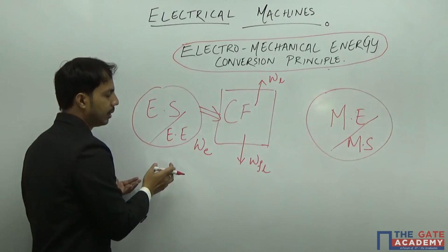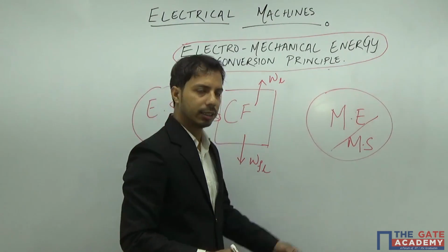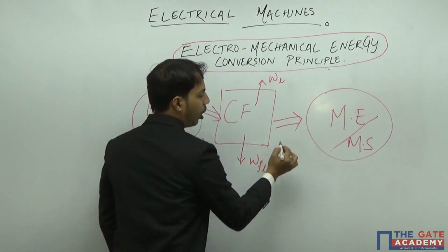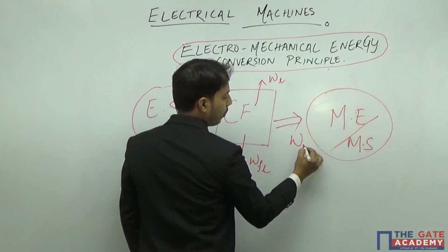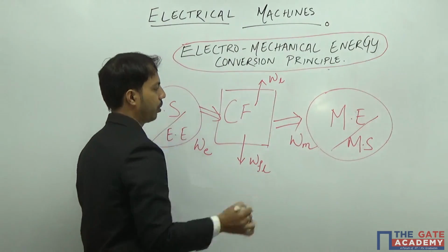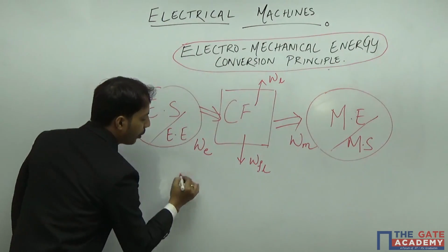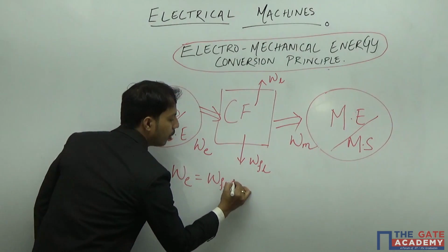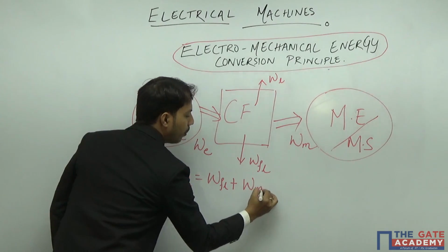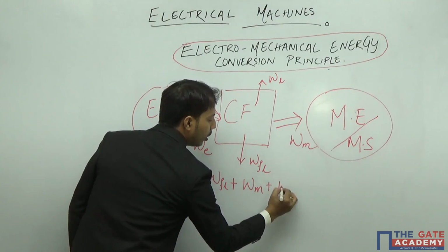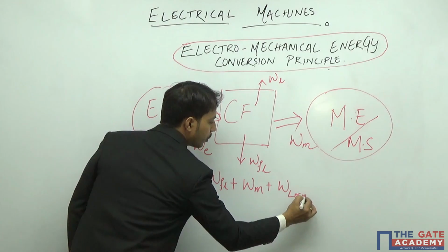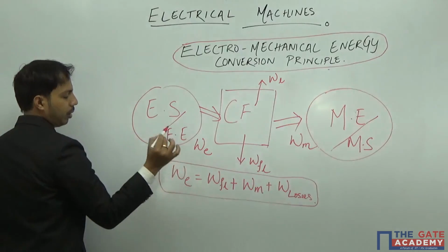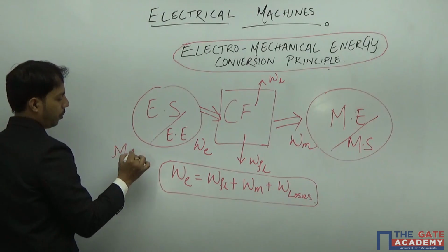Also, there will be some losses in this system. And ultimately, we will have a mechanical output. So by this principle, what we can say is WE is equal to WFL plus WM plus all the losses. Now this is for motors.